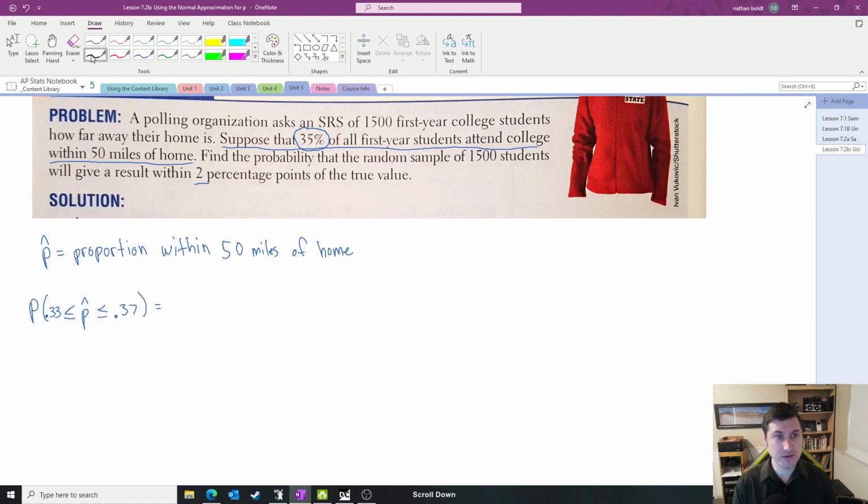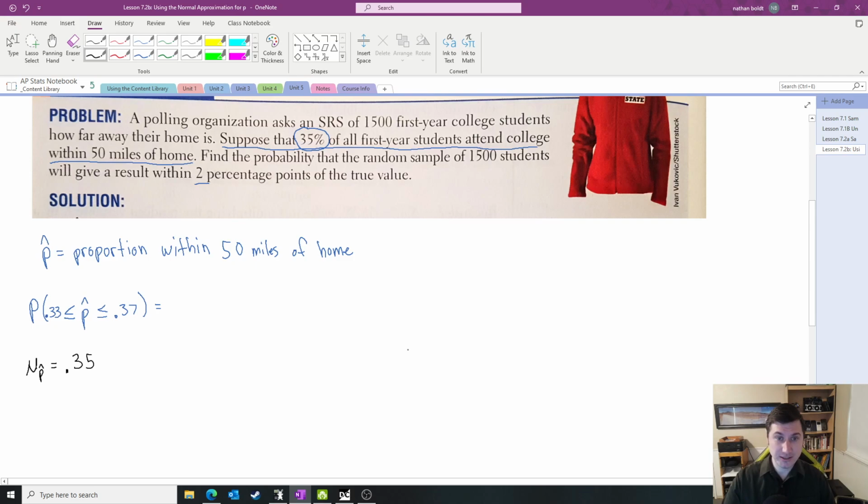So here's where the setup comes into play. What's our mean? Well, we did that in our previous lesson, didn't we? The mean of your sampling distribution of p-hat, of your sample proportion, is going to be the true population parameter, the true proportion, 35%. That's what we learned in our previous lesson.